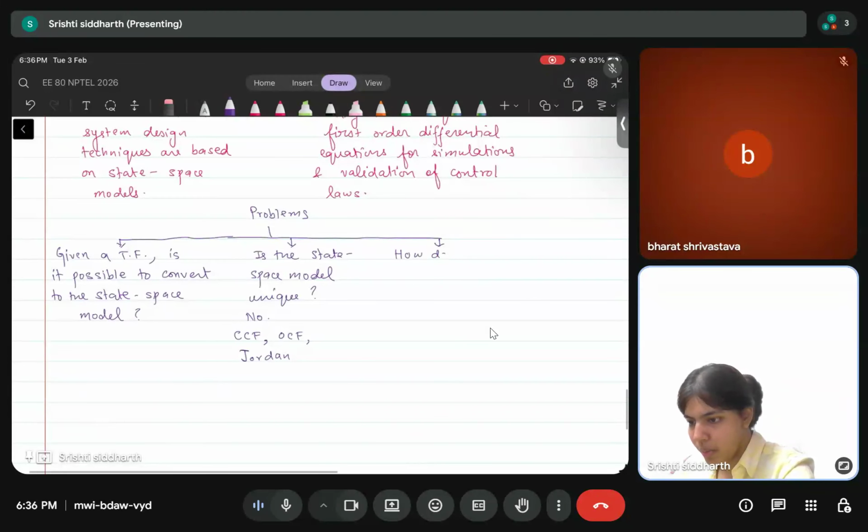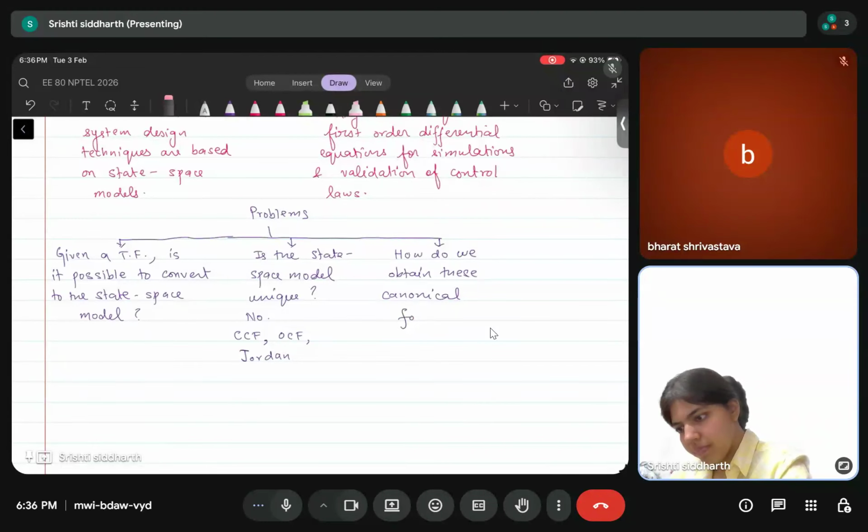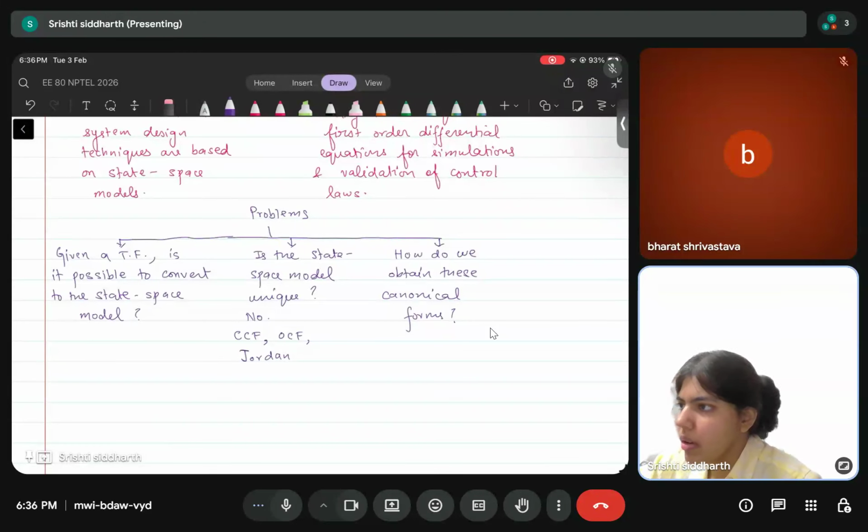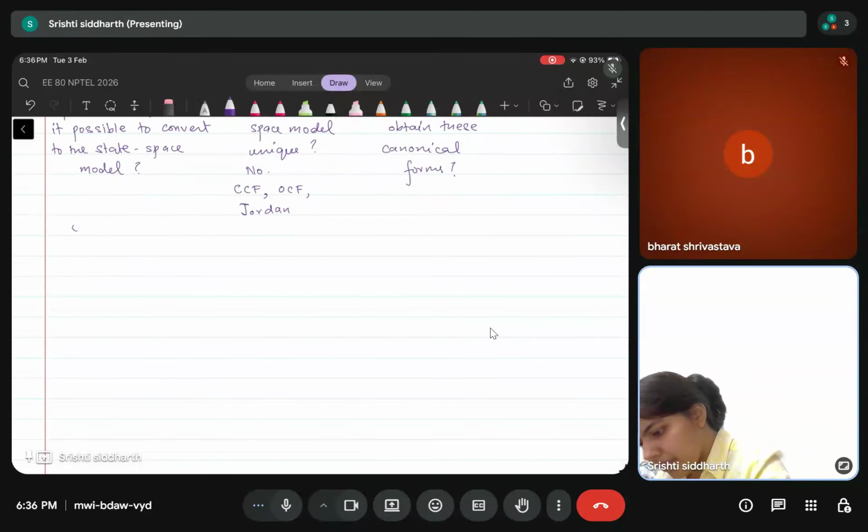And how do we obtain canonical forms? So let's say that we have a transfer function Y over U of s.